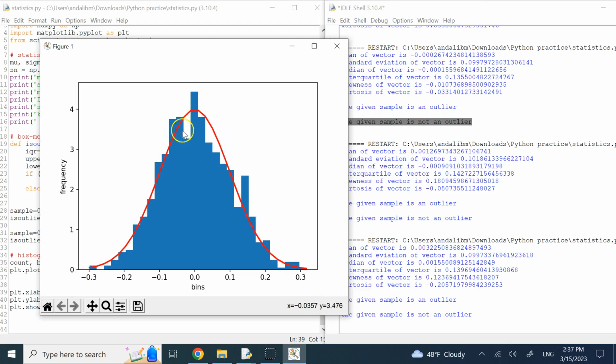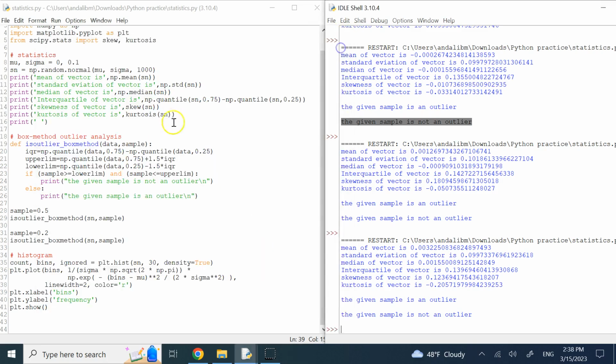And if I use more bins and if I use more data, clearly this blue one should be much closer to what? To the red one. And for that reason, I'm going to change the number of my bins. So this time I make it 100 bins. And I make this a lot more data, 100,000 data.